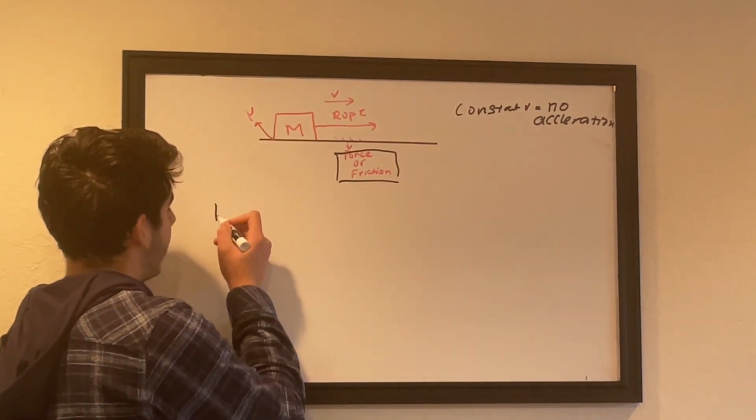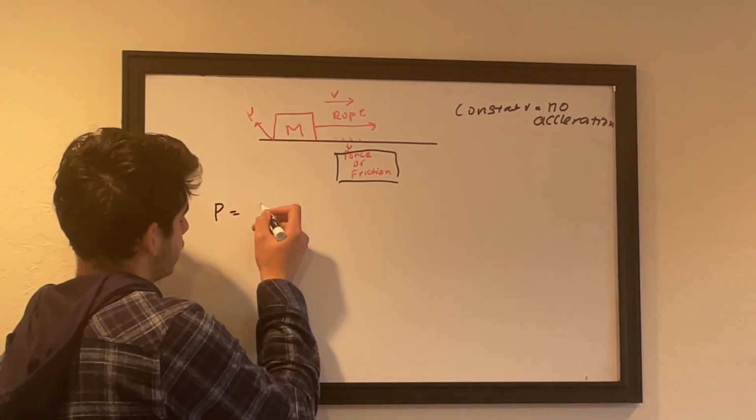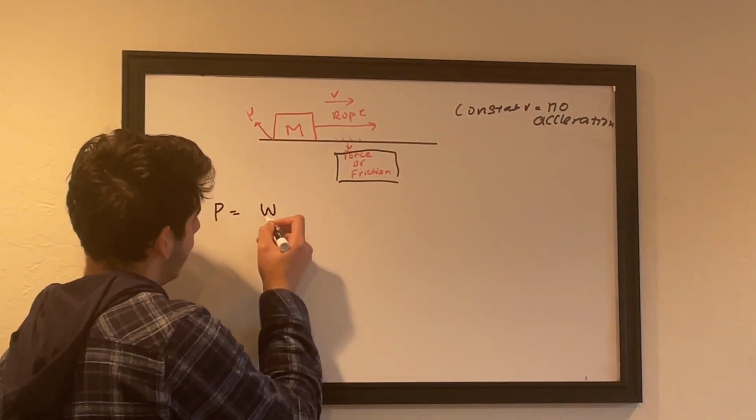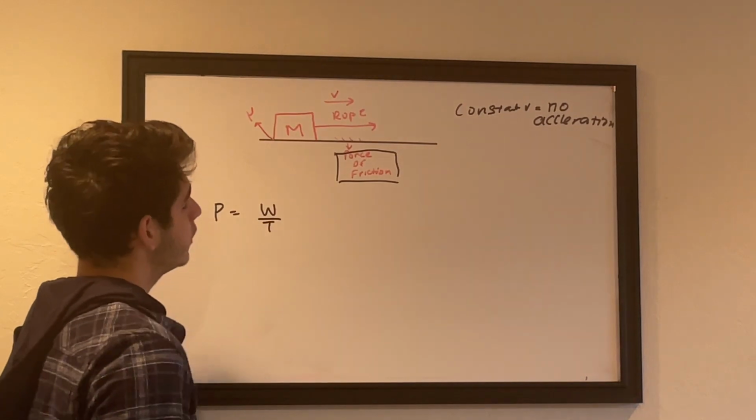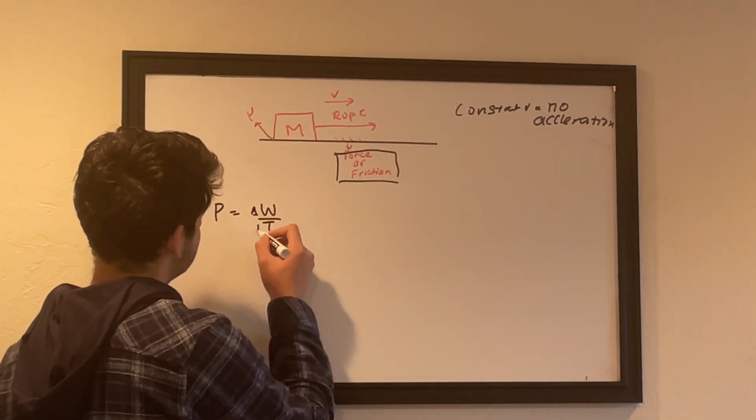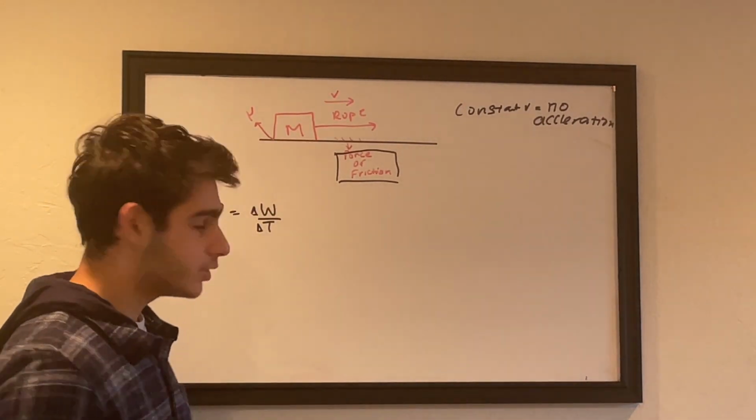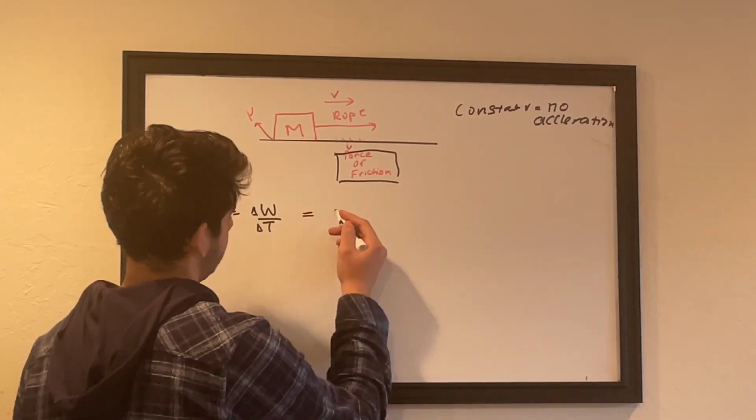Let's start with the formula power. Power is equal to work over time. Change in work over change in time. Now, take the derivative of work. What is work?